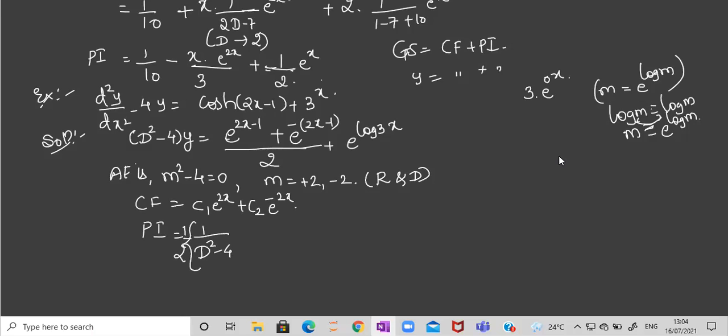See how I'll write. I'll take half common and write this as 1 upon d square minus 4 operating on e raised to log 3x.